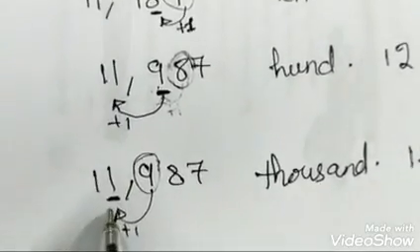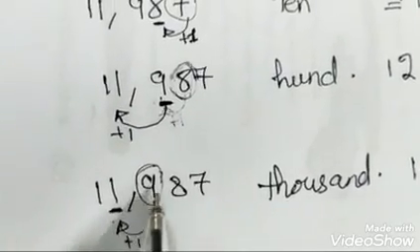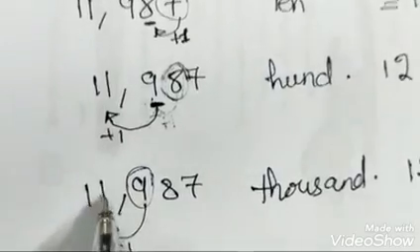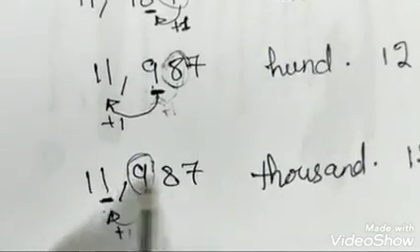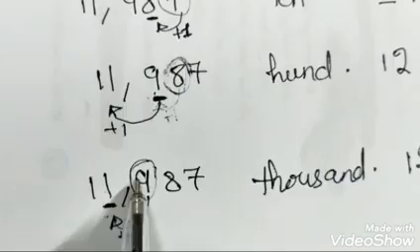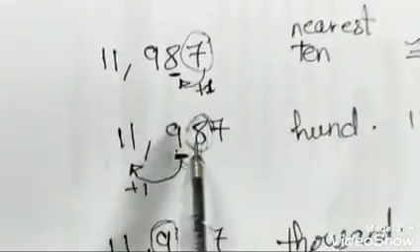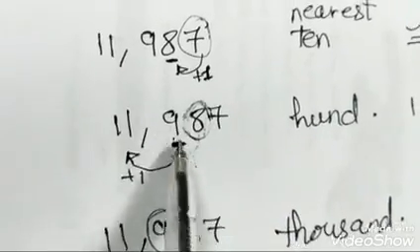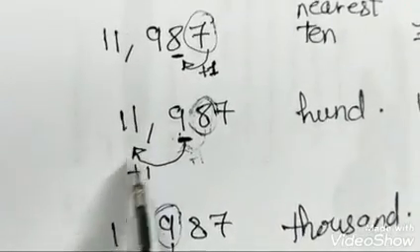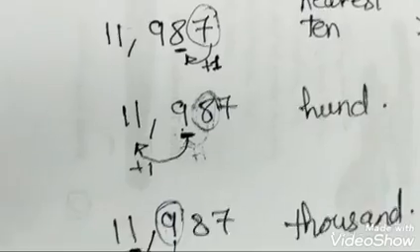This is 9, which is 5 or more, so this one will be increased by 1 and all these digits will be zeros. Here, this 9 will be 10, so the 0 will remain here, and the thousands digit will increase by 1. It will be 12,000.